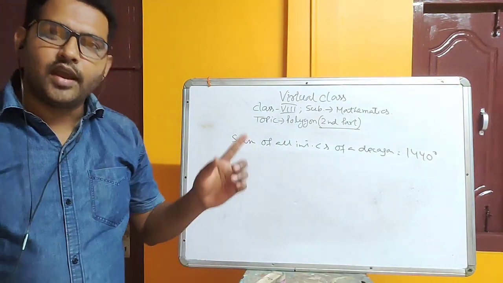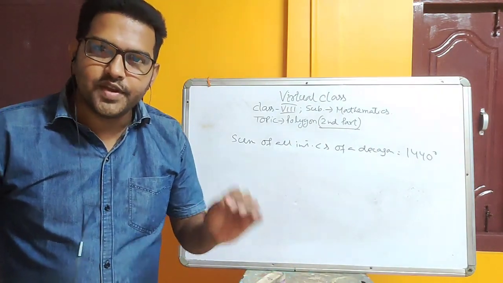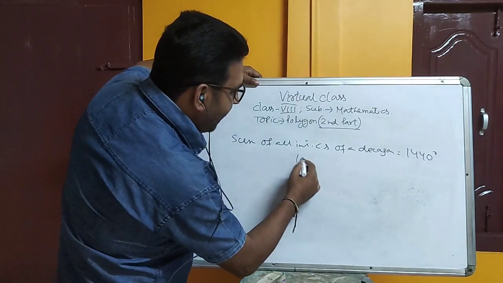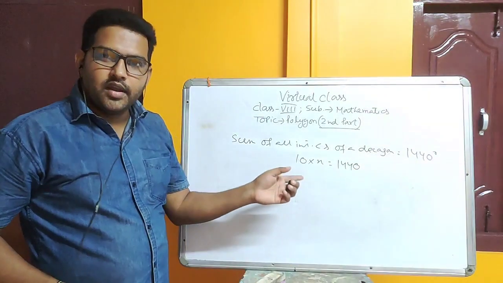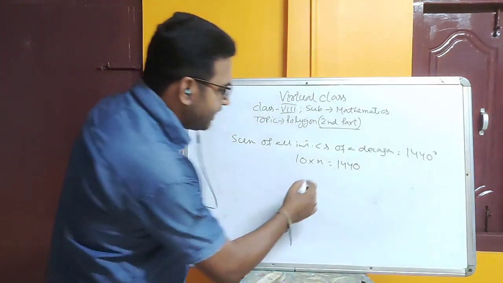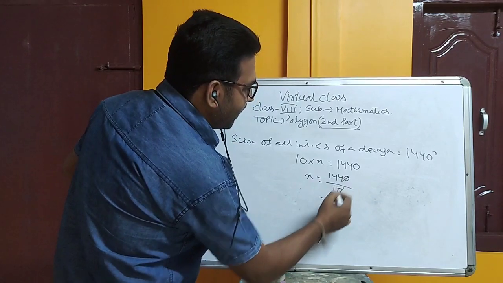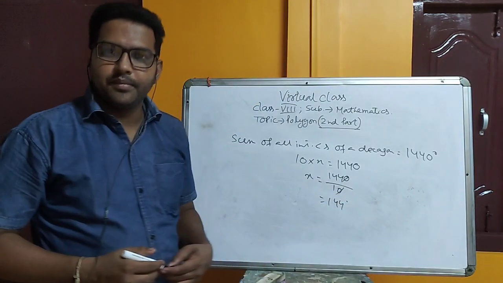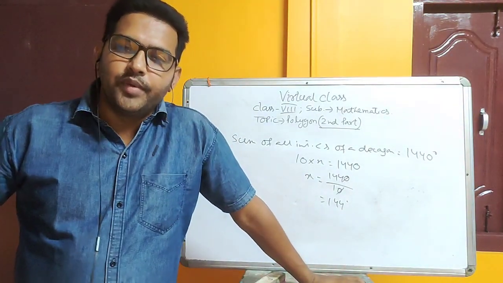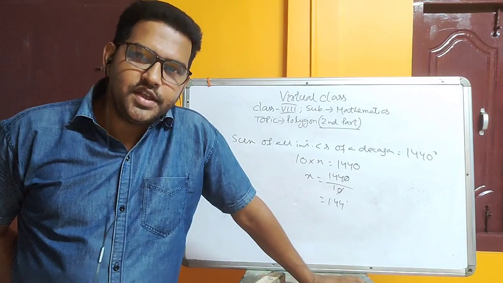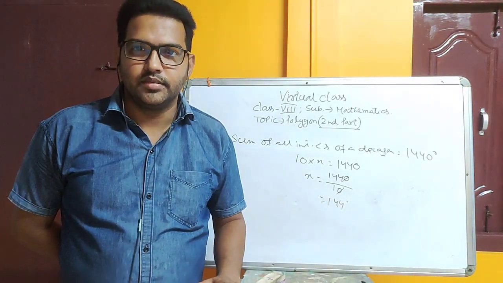Since it is a regular decagon, otherwise it is not possible to find the measure of each angle, that is going to be 10 into x is equal to 1440. Similarly, as we have done in the previous case, x is equal to 1440 by 10. So that is 144. Got this? So this way we can find the measure of each angle present in any regular polygon.